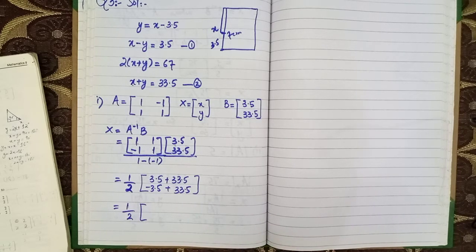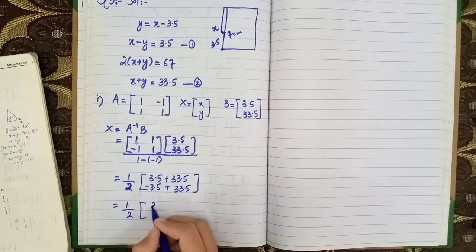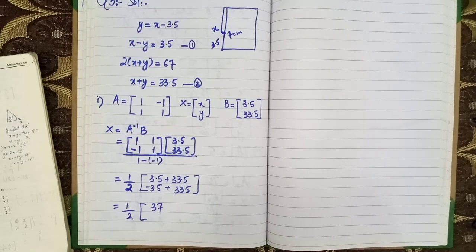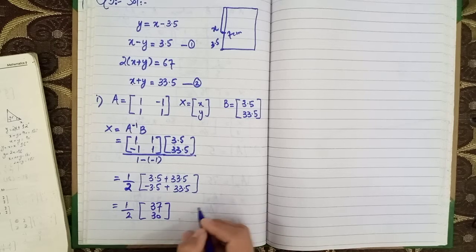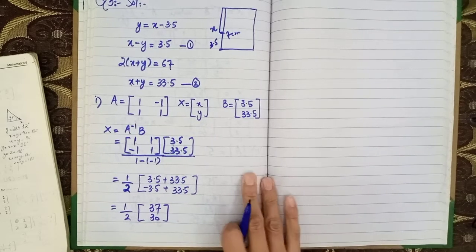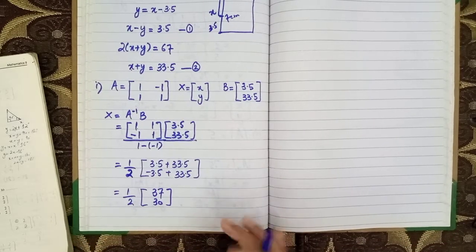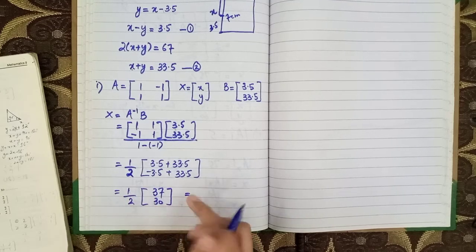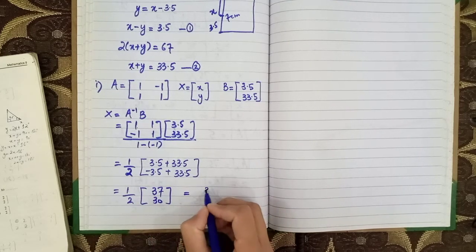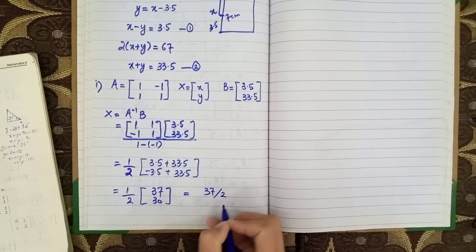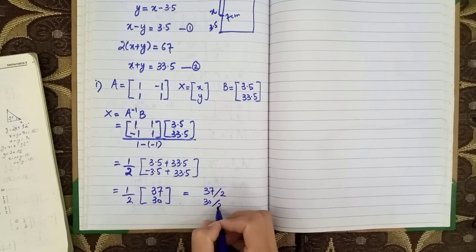3.5 and 33.5 gives 37, and 33.5 minus 3.5 is 30. Multiply 1 by 2 with both of the entries. 37 divided by 2, 30 divided by 2.